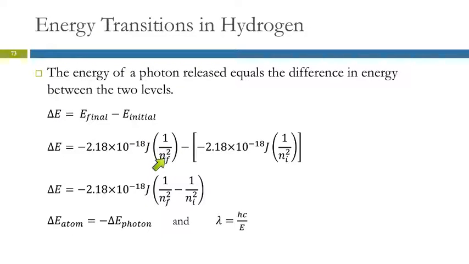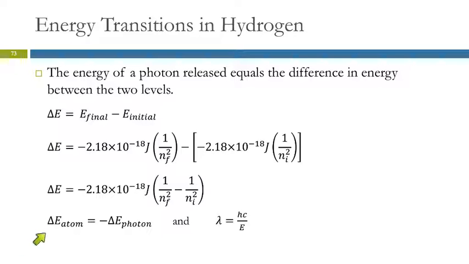So it's the final level, whatever that is, and then we subtract 1 over n squared, where n is the initial energy level. When we combine those terms, we get this equation: the change in energy equals minus 2.18 times 10 to the minus 18th joules times 1 over the final level squared minus 1 over the initial level squared.